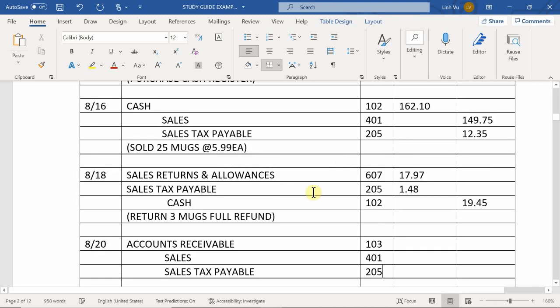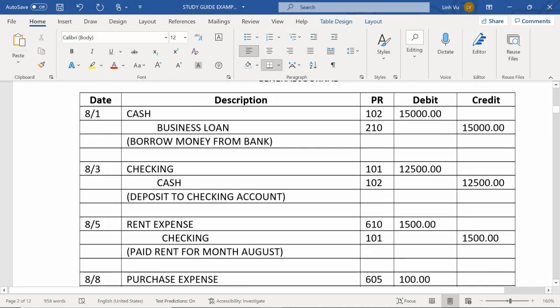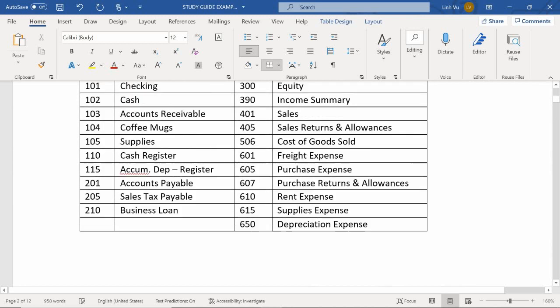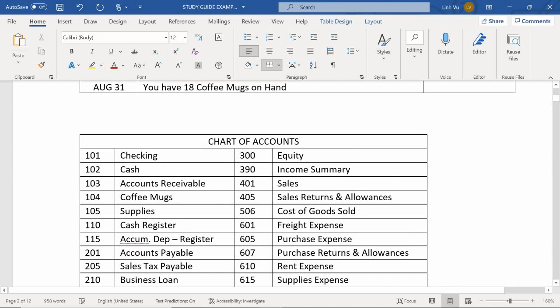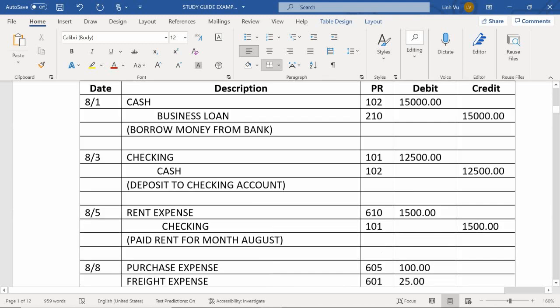Hold on, I'm going to fix this, because sales returns and allowances is definitely not account 607. It is actually 405.